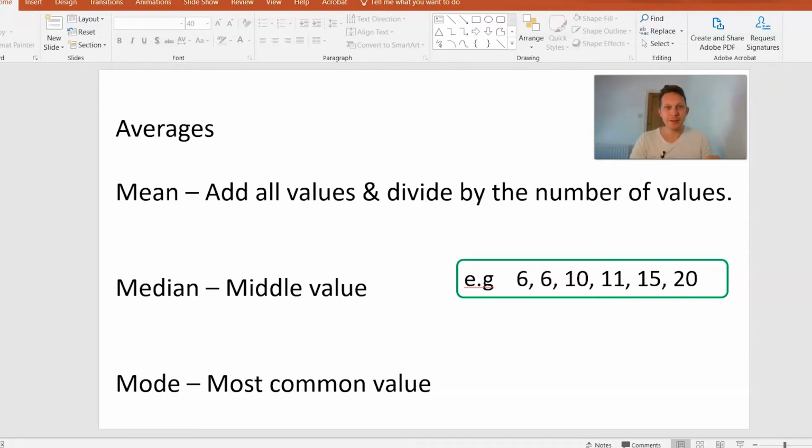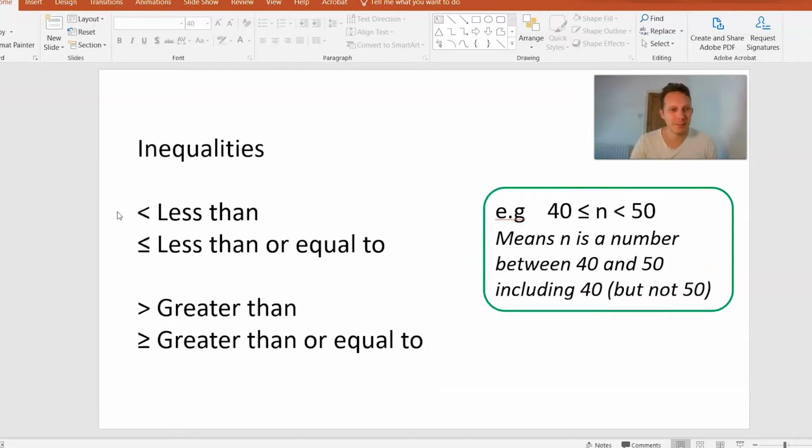The second thing we need to know is our inequality symbols. These, the crocodiles. So less than, more than, and if it's got a line underneath it, it means it can include that number as well, or equal to. So in this example over here, 40 is less than or equal to n, which is less than 50.